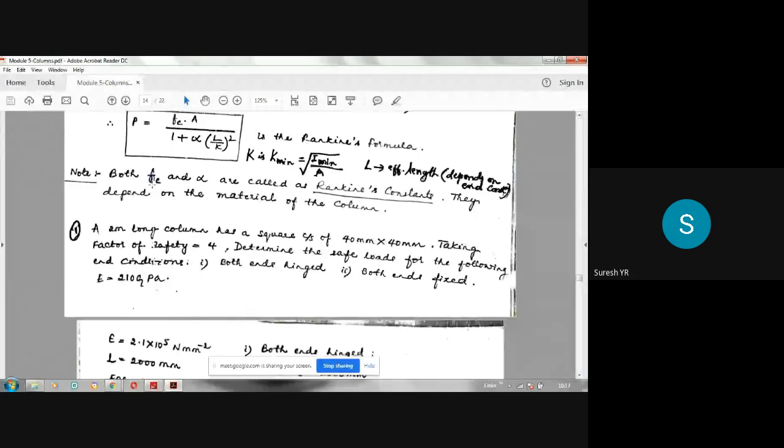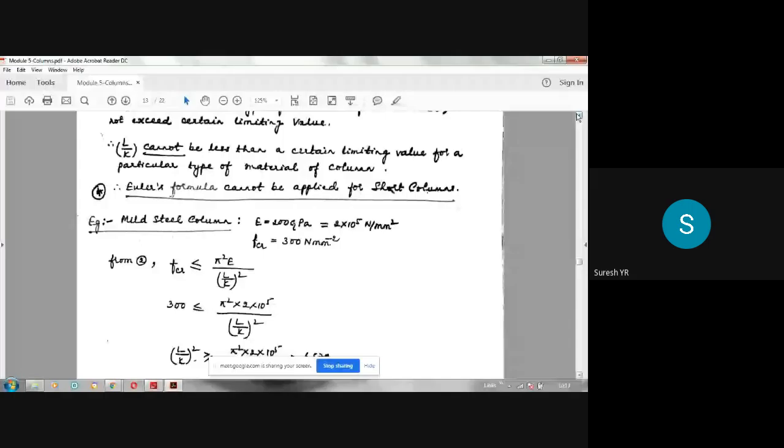So these are the two formulae you should remember. One is Euler's formula, another is Rankine's formula. Euler's formula is used only for long columns, and its formula is PCR, the crippling load, equal to pi square EI by capital L square, where L is the effective length of the column. If you know the actual length of the column and the end conditions, then you can find the effective length capital L and substitute in that.